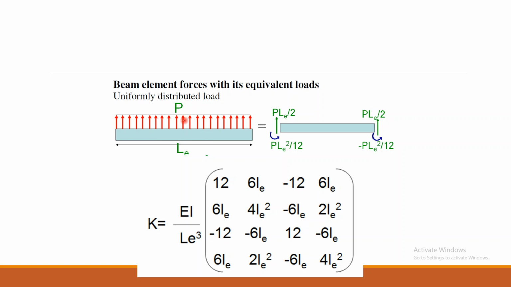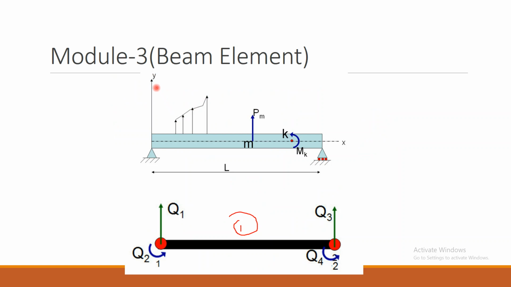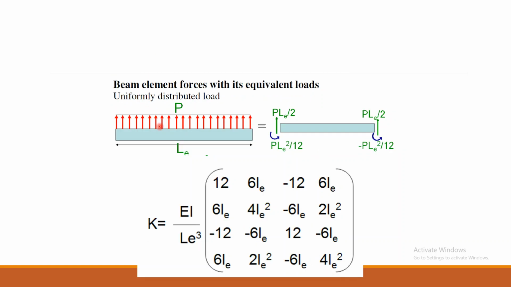Why? Because for easiness in the sign convention, I'm taking the upward direction as positive. That's why the load is also taken in the upward direction for our convenience. If you want to model this on the beam nodes, as we've seen in the previous cases, external loads usually act over the nodes.